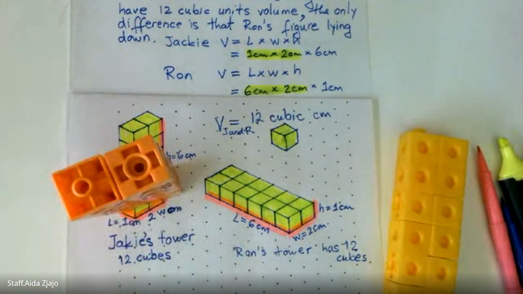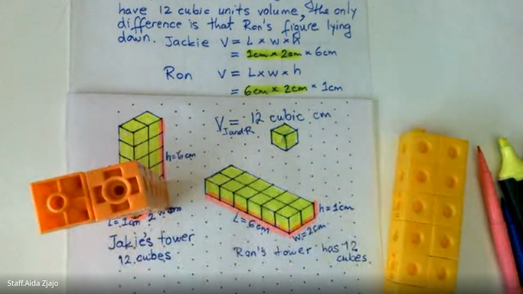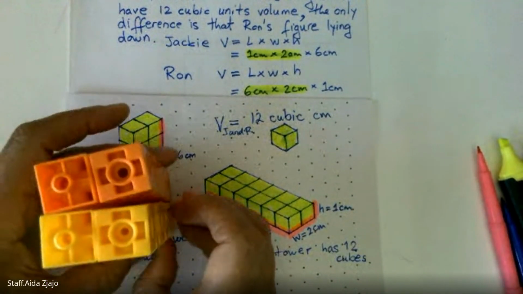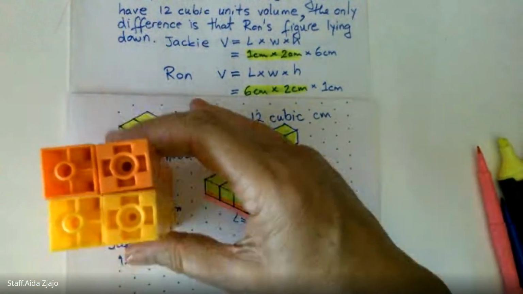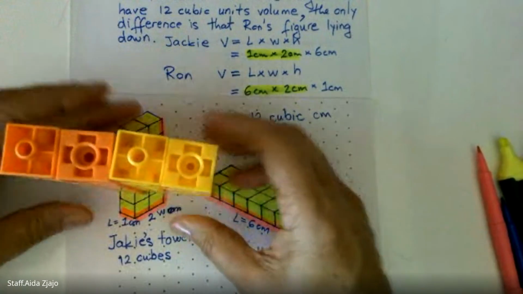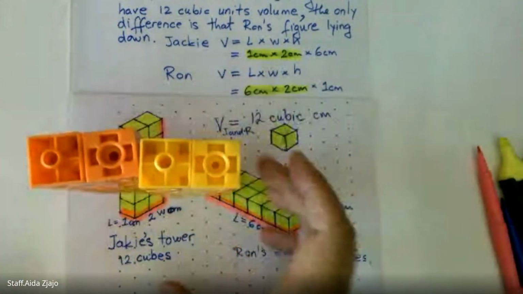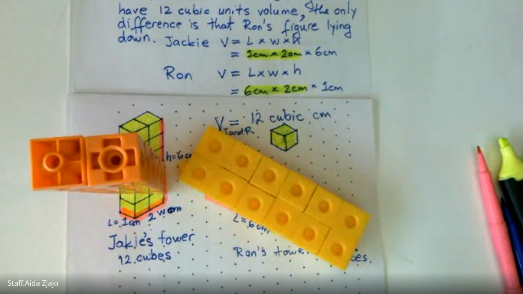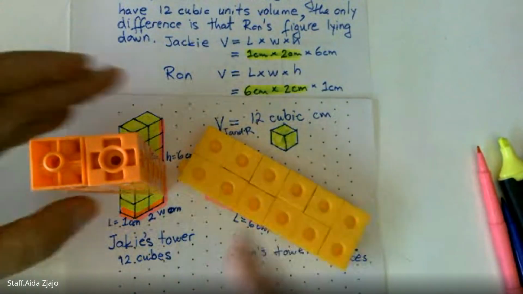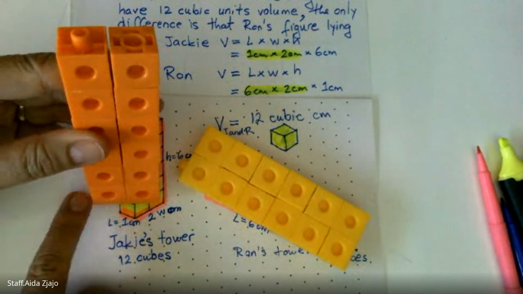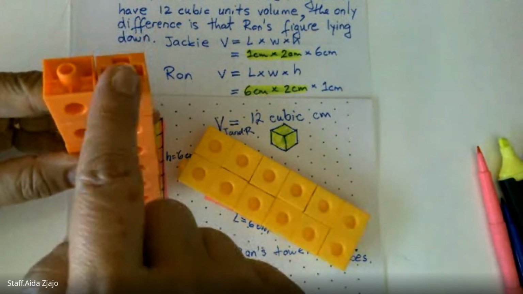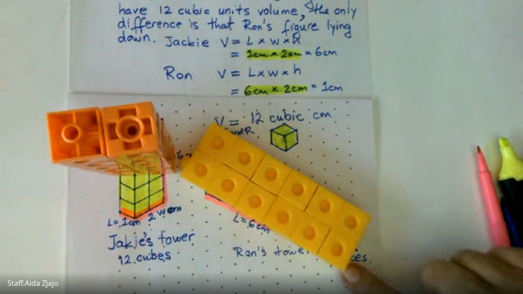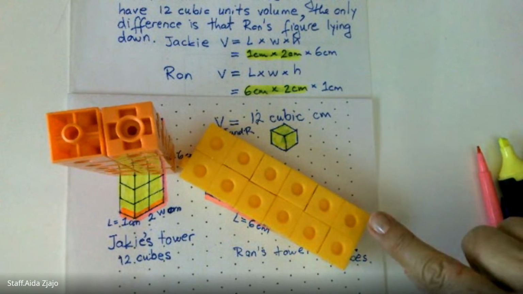That is taller. But Ron's has the same cubes, and all he did was lay his figure down. So now hers is 1 by 2 by 6, and his is 6 by 2 by 1.